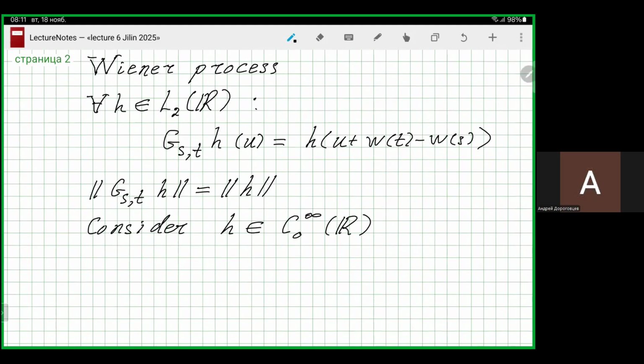Then one can try to consider the stochastic differential of h(u + W_t), and you can recognize here the Ito formula.